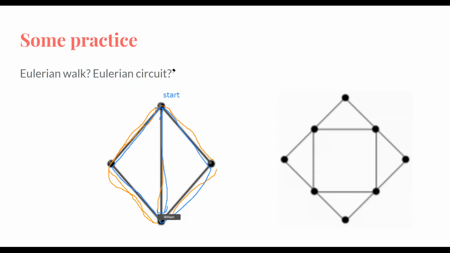All right, I do see a valid Eulerian walk here. Nice. Okay, I'm going to erase and redraw this. Let's say David started right here. This was his start.